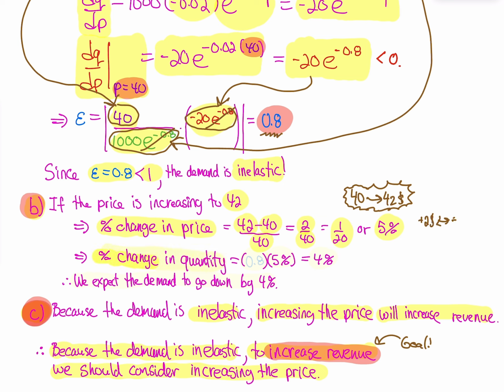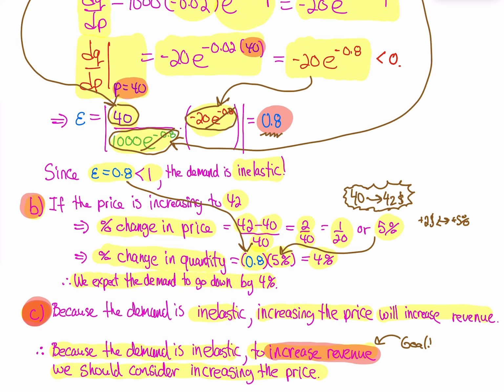Now if you want to compute the percentage change in quantity, it's the elasticity of demand number that we just computed to be 0.8, and we multiply this by 5%, and you're going to get 4%. What does that 4% mean? We expect the demand to go down.